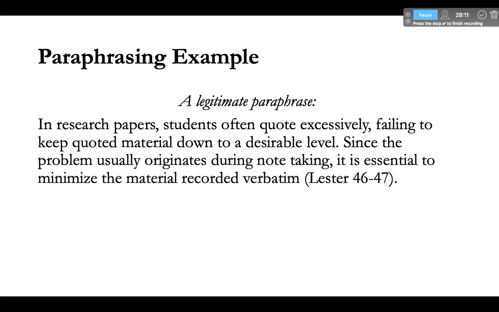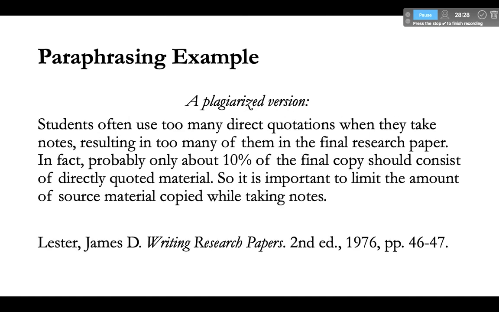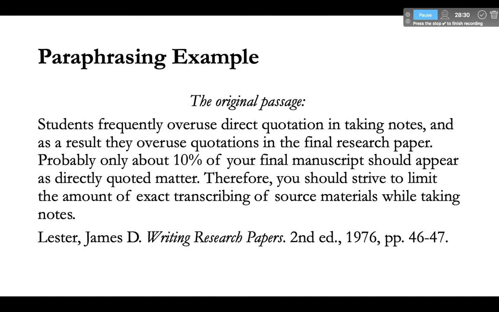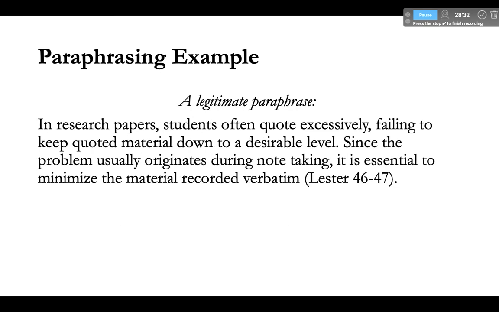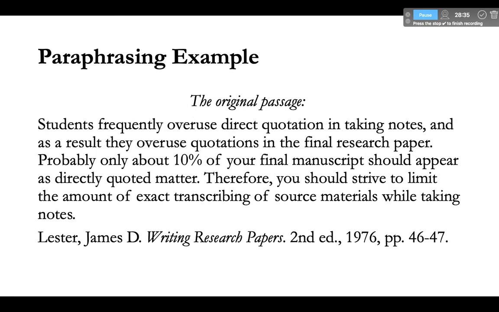So let's look at an example. So this is a good paraphrase. In research papers, students often quote excessively, failing to keep quoted material down to a desirable level. Since the problem usually originates during note-taking, it is essential to minimize the material recorded verbatim. So this goes into a lot more detail than the summarized version of this passage.